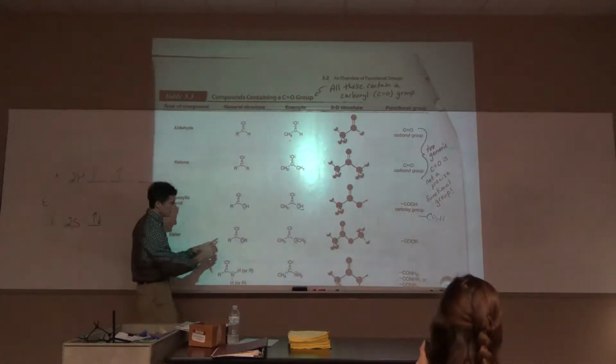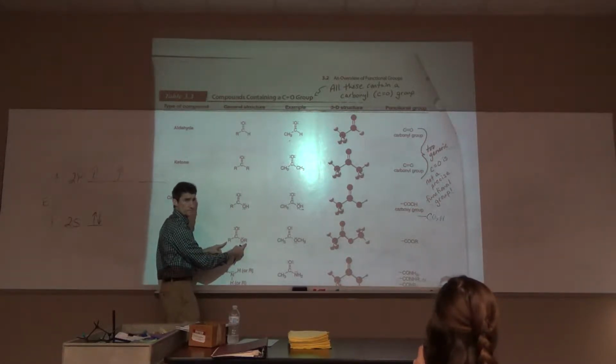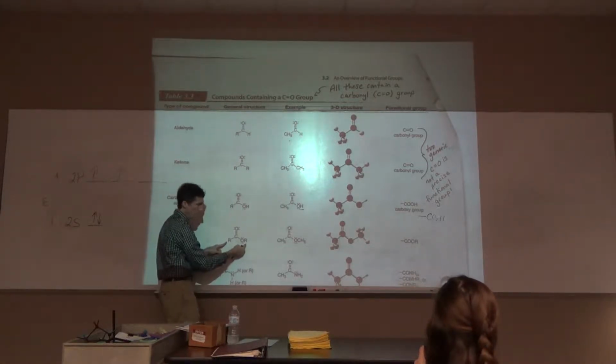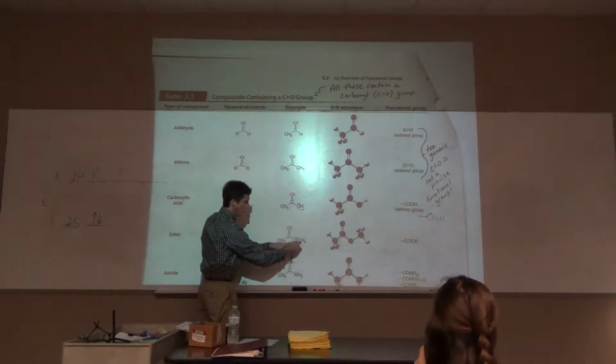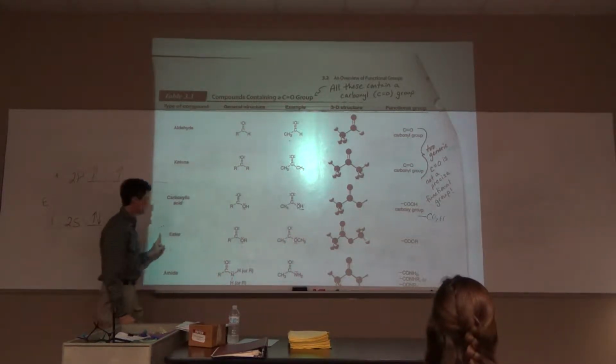Next, ester. Carbonyl, carbon group on one side, O carbon on the other. If it's OH on the other, it's a carboxylic acid. But if it's OR, like an O methyl or an O huge whatever carbon, ester.